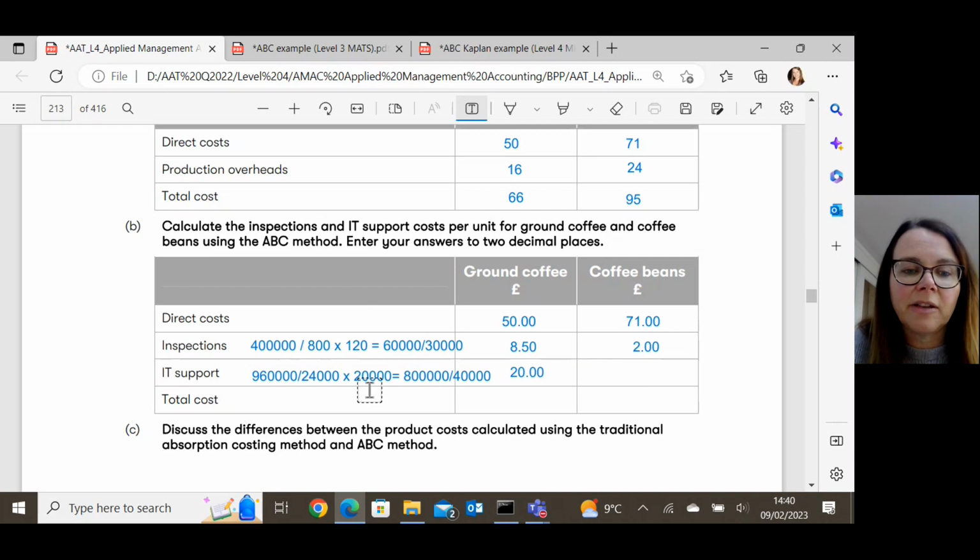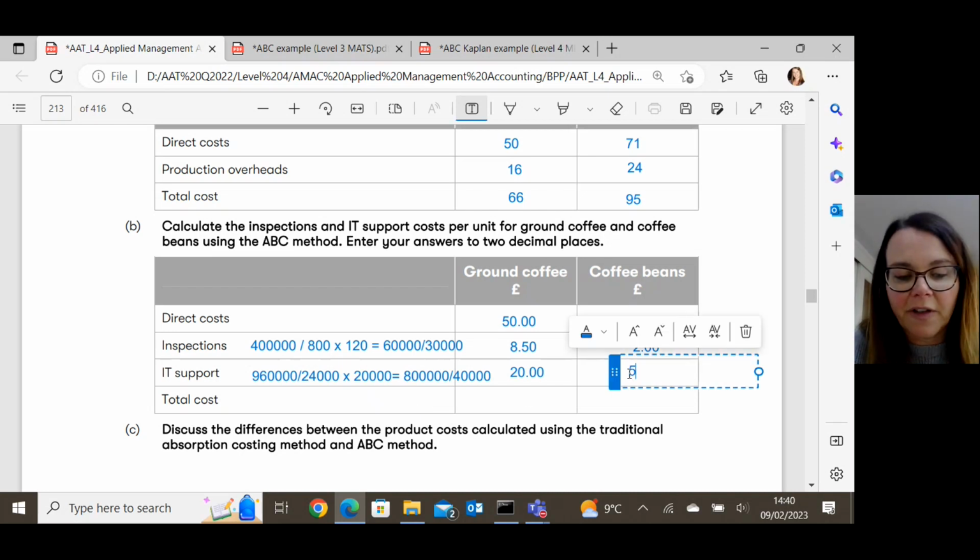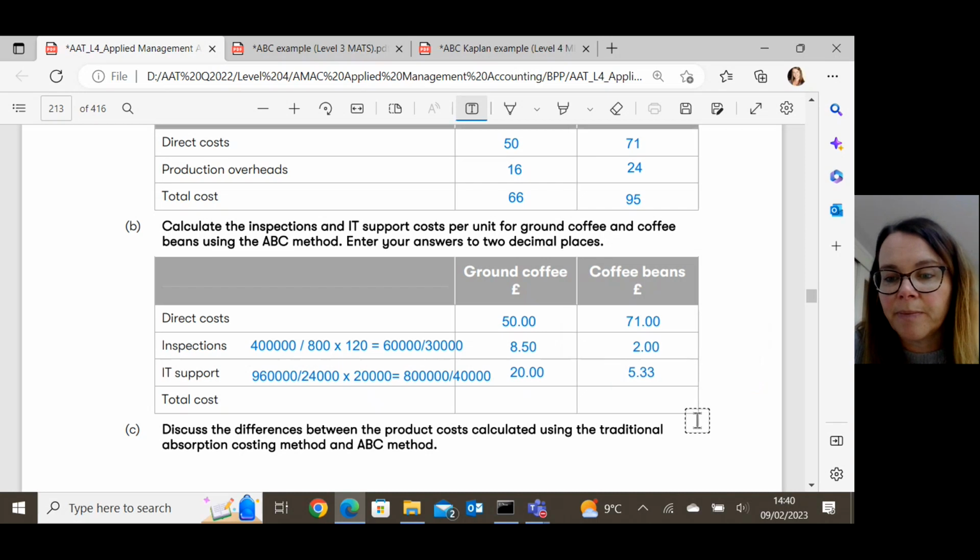For the coffee beans, I won't type it in this time, but we're going to do 960,000 divided by the 24,000, that's the total. This time times it by 4,000, which gives us 160,000, which needs to be divided by the 30,000 units, which gives me a figure of £5.33 for each unit.